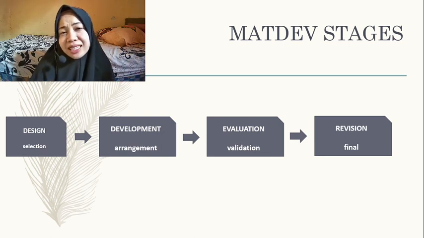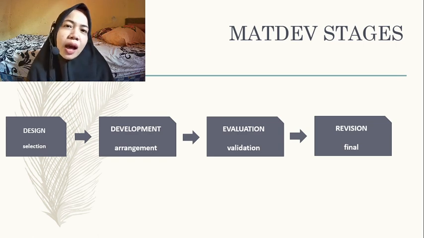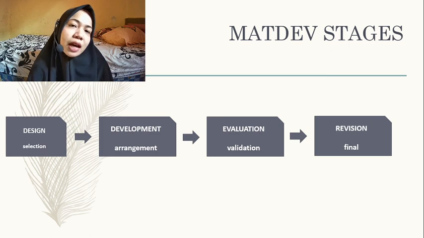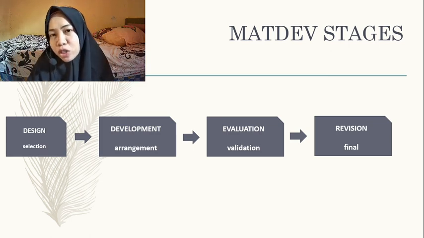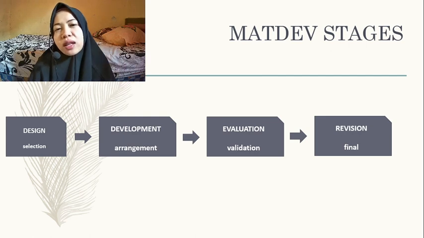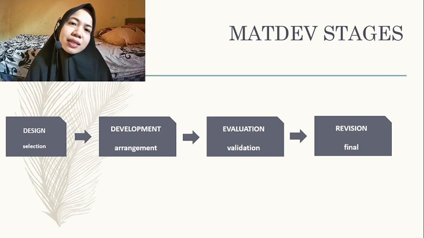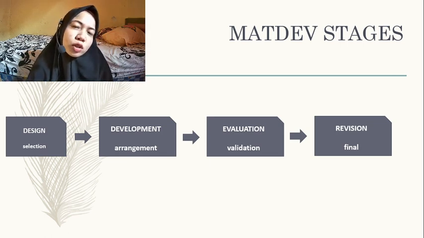But before selecting the material, you first have to select the syllabus that you are going to use as the parameter or standard for your learning material development. So you need to find the syllabus first, and then you can find the materials that you want to develop.